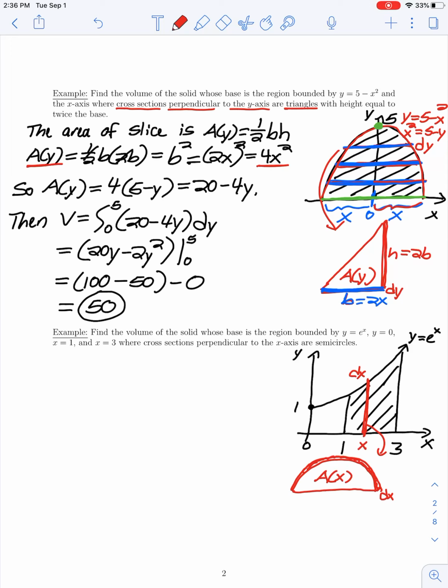So in general, to find the area of a semicircle, well, we know how to find the area of a circle whose radius is known. It would be given by pi r squared. A semicircle is just half of that value.